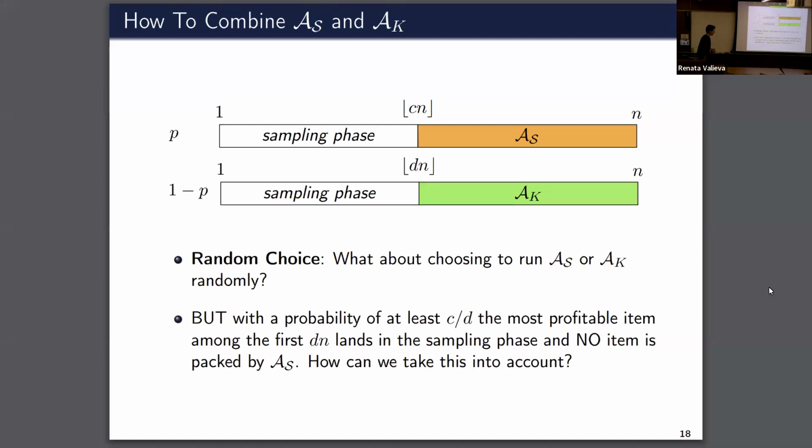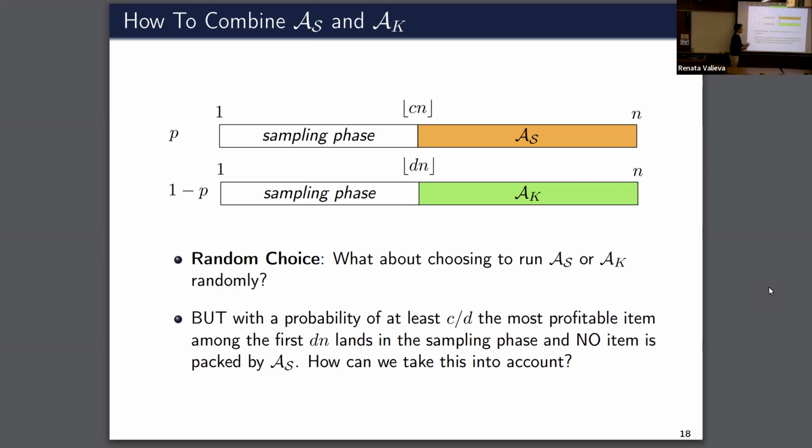So in this secretary problem, if there is no item larger than the best sample, you will not pack anything. So with probability C over D, this is the case. The best sample is better than anything after.